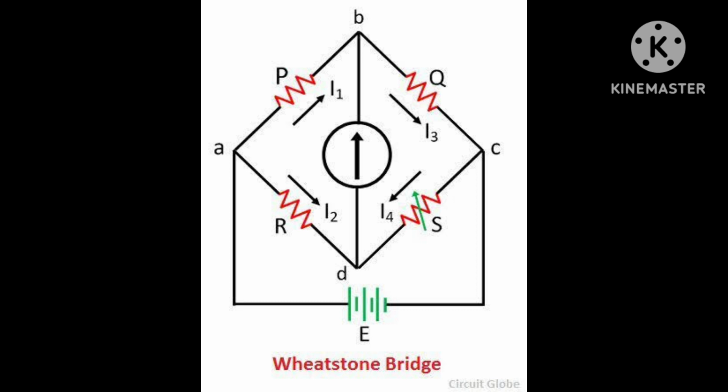R2 and R3 are in parallel. Correct? R1 and R4 are in parallel, and R2 and R3 are in parallel. This you know, this is very, very important. Then what is remaining? R2 and R3, in that R2 is unknown.